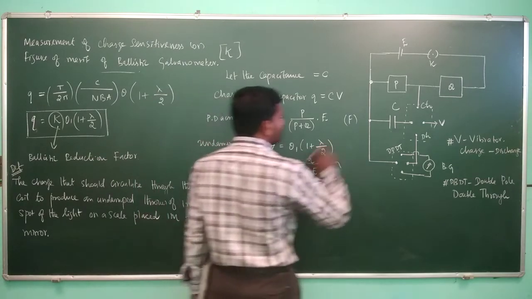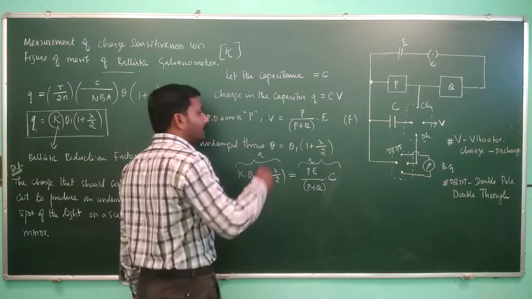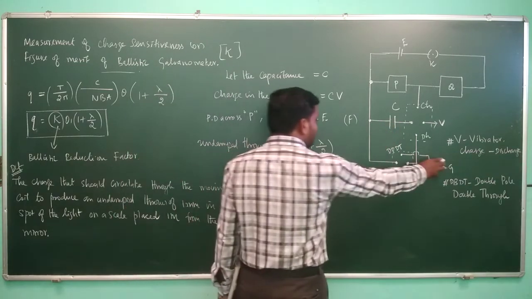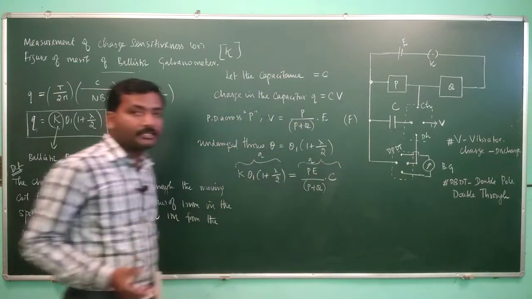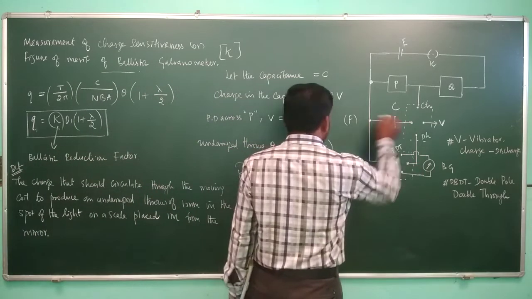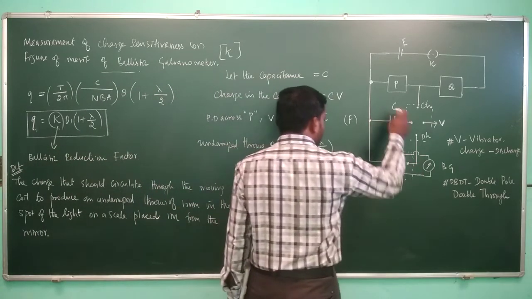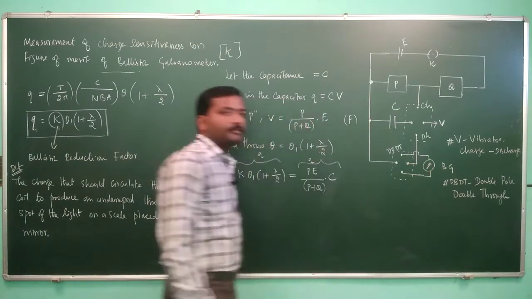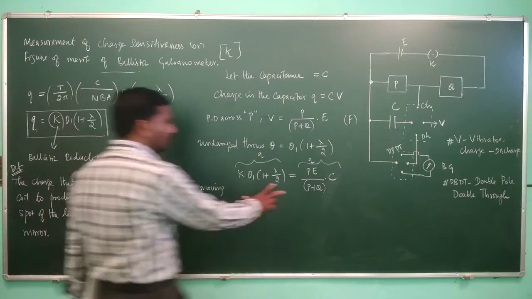This charge Q is the charge in the capacitor, and this charge Q is used to create a deflection, a throw, in the ballistic galvanometer, but both are the same. This charge in the capacitor alone is used to create a deflection in the ballistic galvanometer, so these two things are equal.